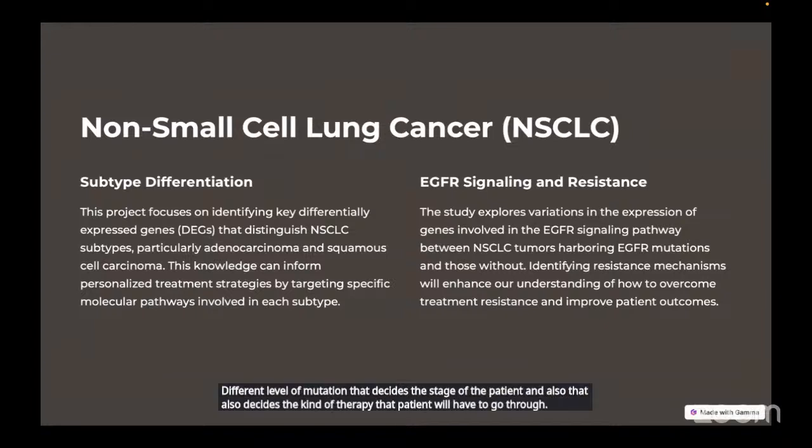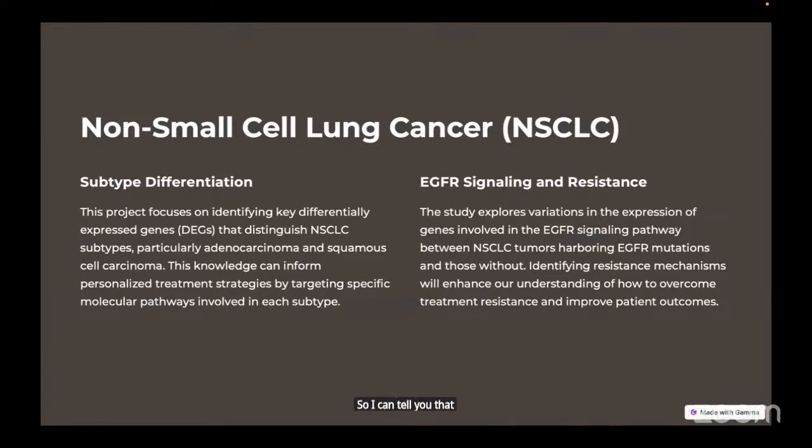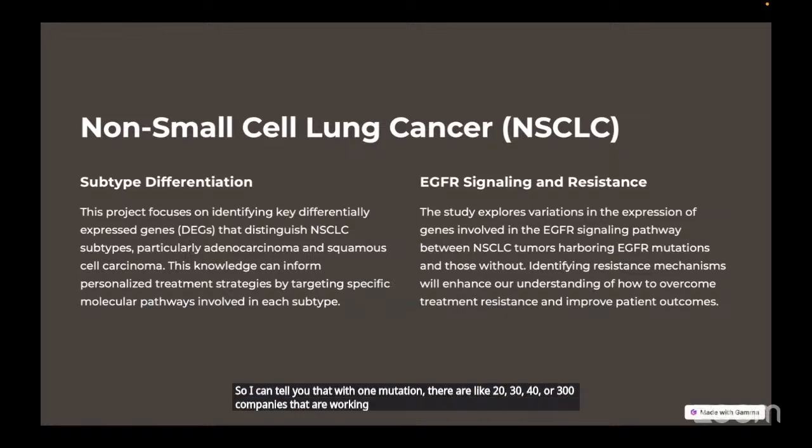So I can tell you that with one mutation there are like 20, 30, 40 or 300 companies that are working on just one mutation and finding a solution to overcome that mutation with a drug of their own, or an antibody of that kind.